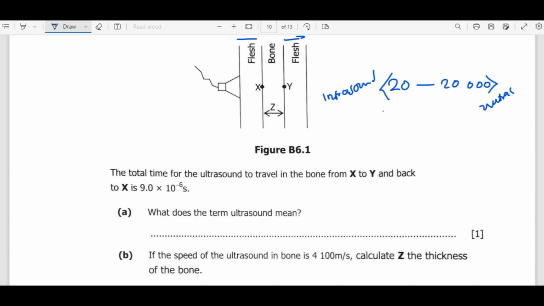So whenever you look at ultrasound, we are looking at sound with a frequency greater than the human audible range.